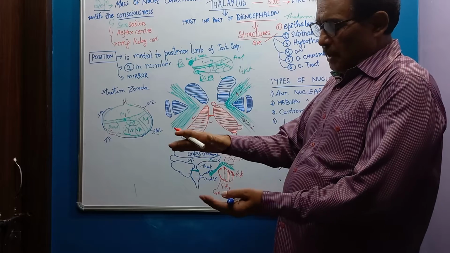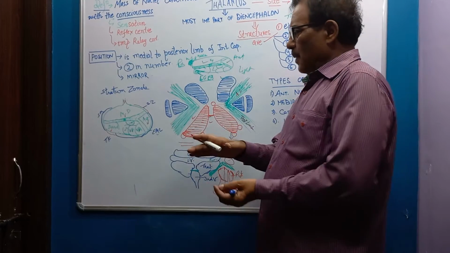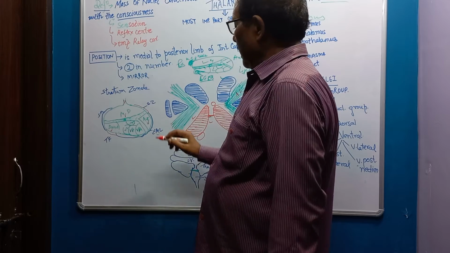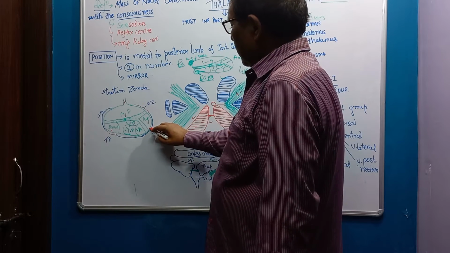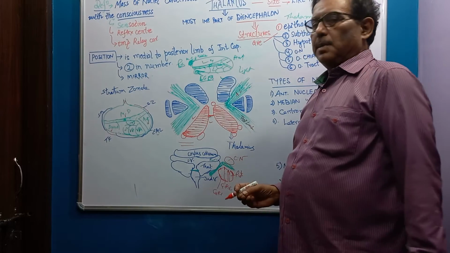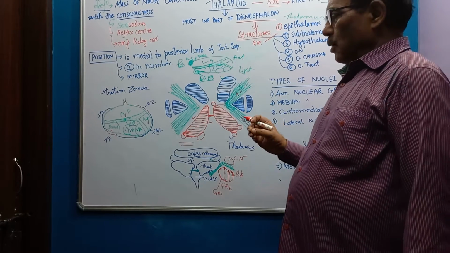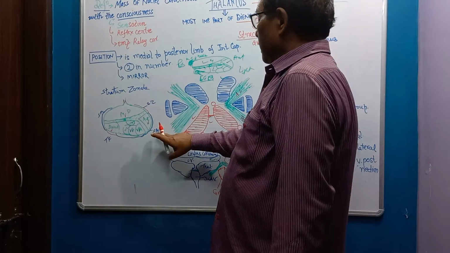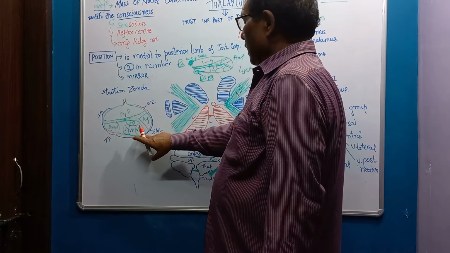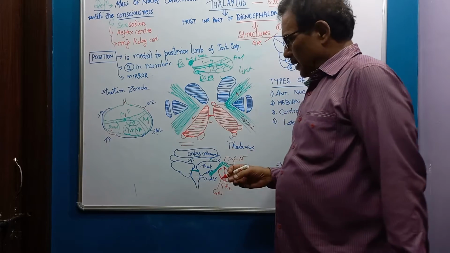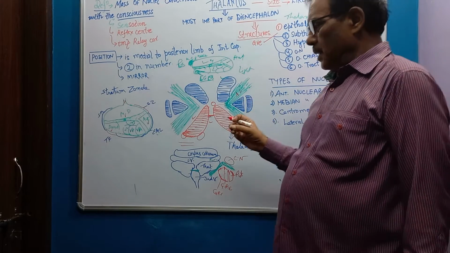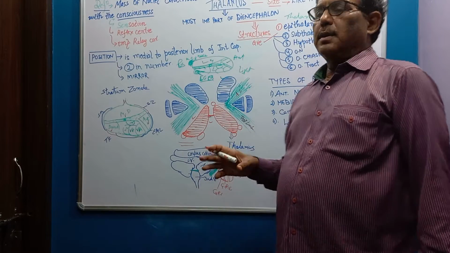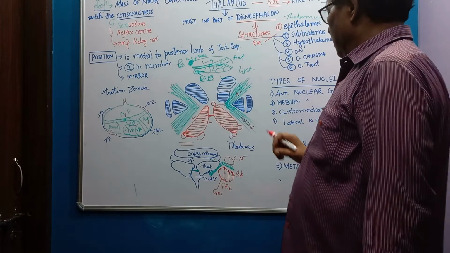The stratum zonale covers the thalamus on the dorsum also. Between the thalamus and the external medullary lamina, some reticular nuclei are present. These reticular nuclei are not part of the thalamus, but they are very closely related to it.